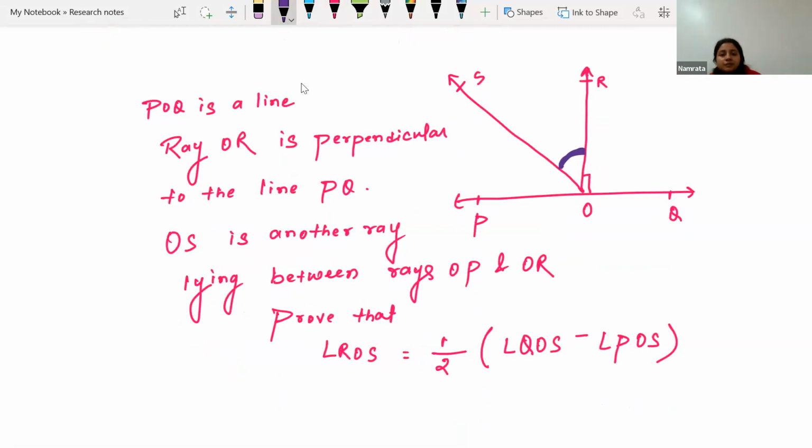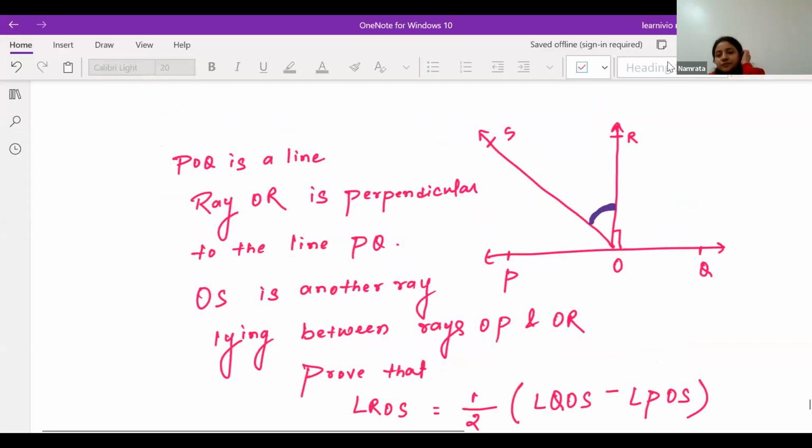What to do over here? Any idea? What does it mean by we have to prove ROS equals to half QOS minus POS? I don't understand what we exactly have to prove.